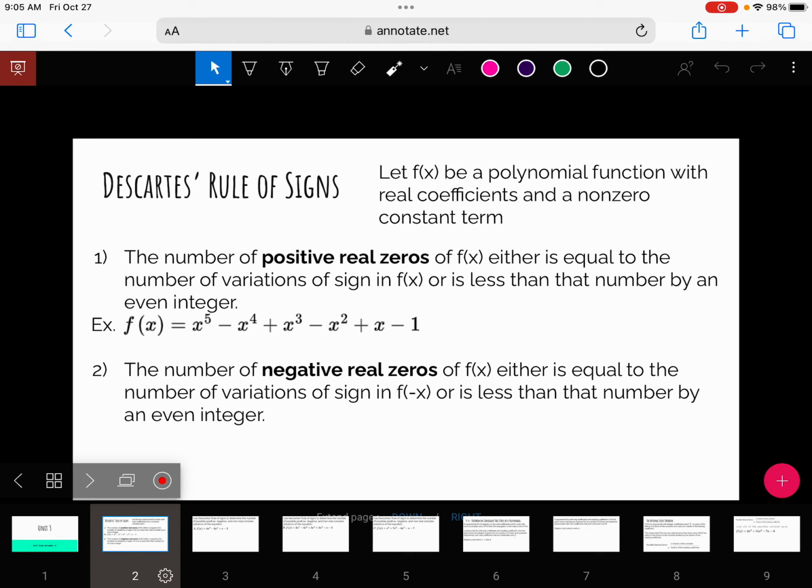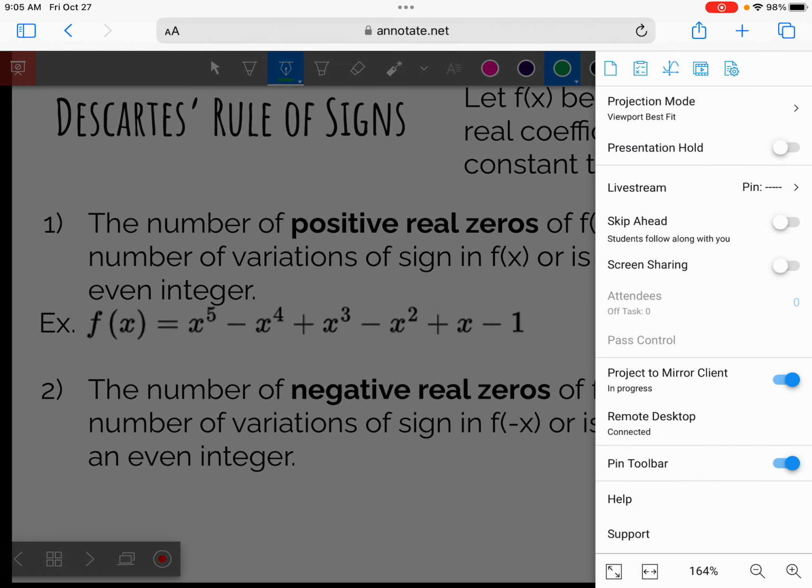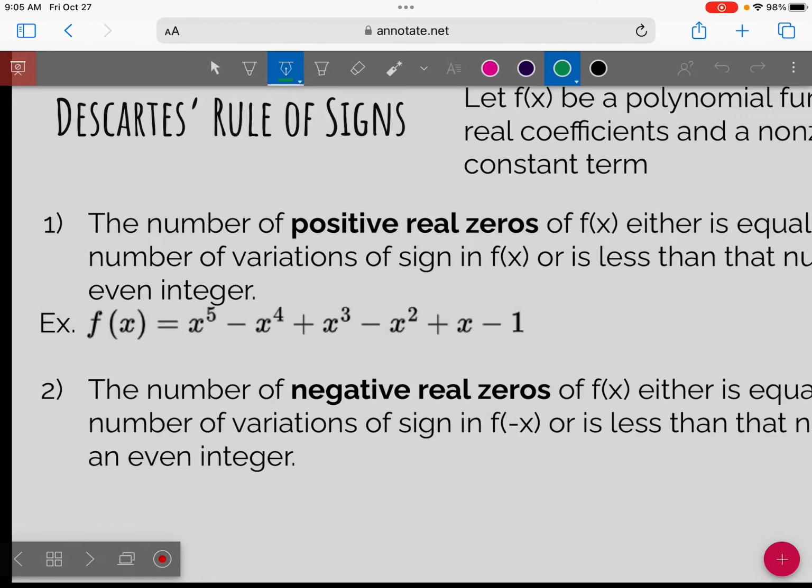So what we're going to do is take this polynomial down here and count how many times the sign changes. Which, that was a whole lot of words of the same word. So we're going to look at this and say, all right, x to the fifth is positive, and then it changes to negative. So it changes sign once.